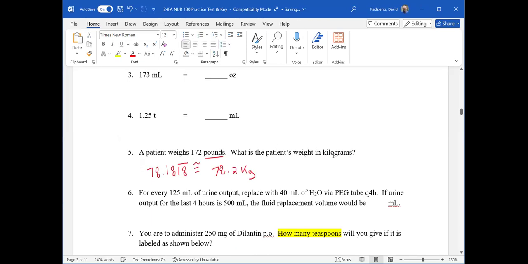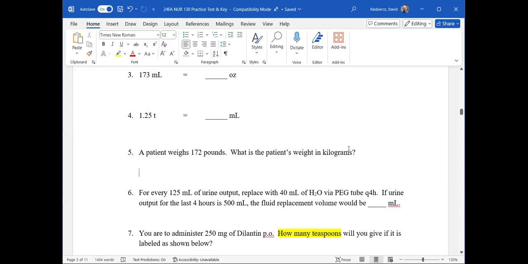As an example, when we are converting pounds to kilograms, you do want to round to the nearest tenth with your final answer, including when you're doing your weight-based calculations later on in the two-step problem that I'll show you in a little bit.